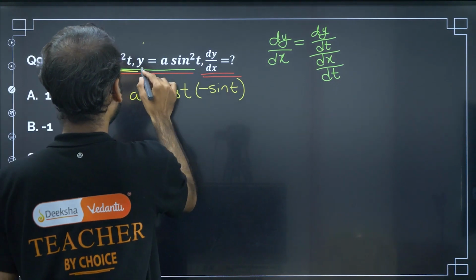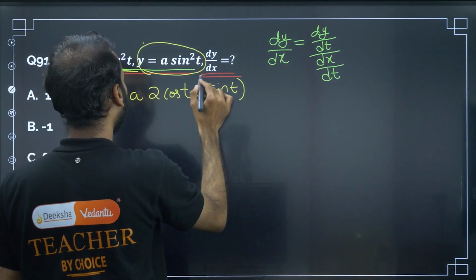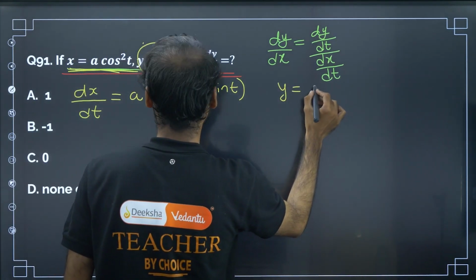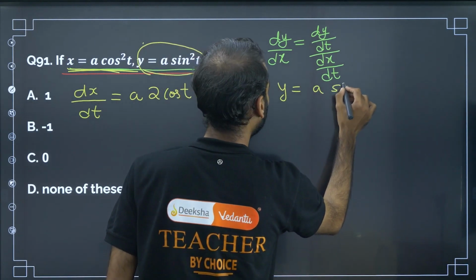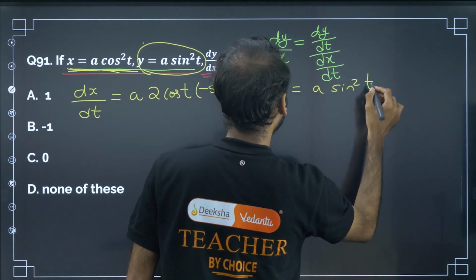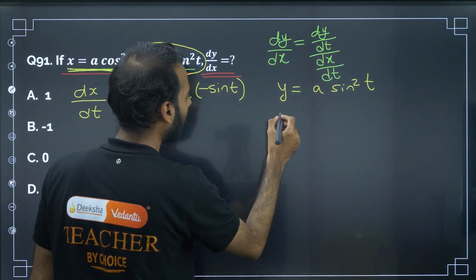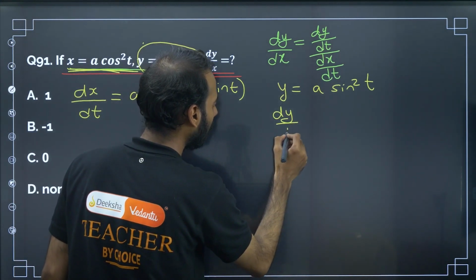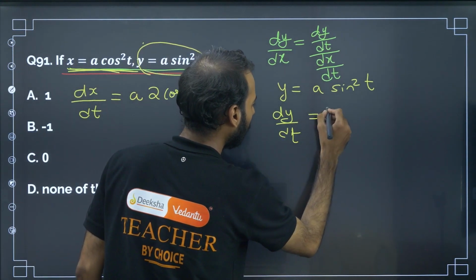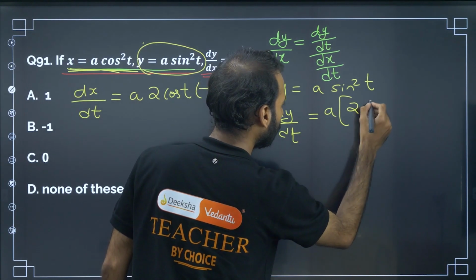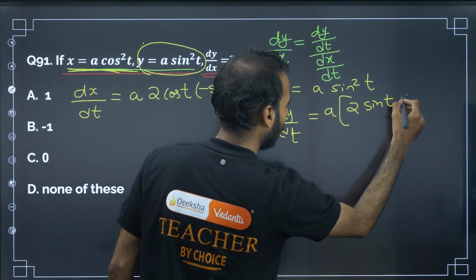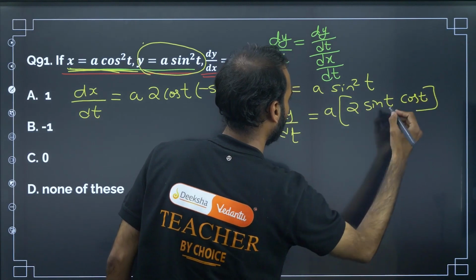Next, one more equation they have given, y is equal to a sin square t. If I differentiate with respect to t, dy by dt is a, 2 sin t, differentiation of sin is cos t.